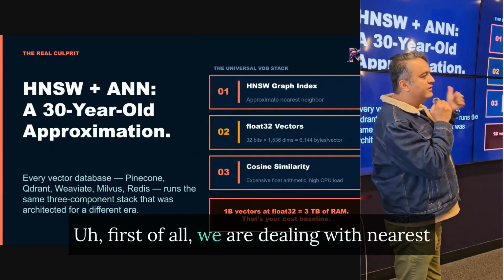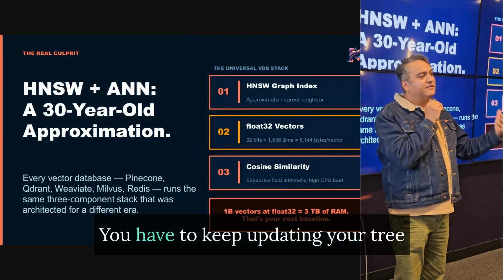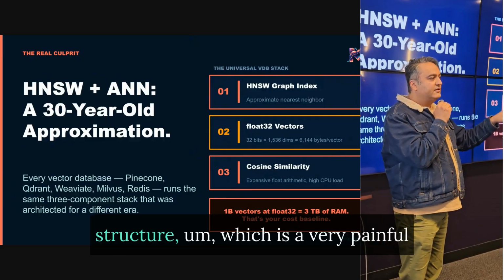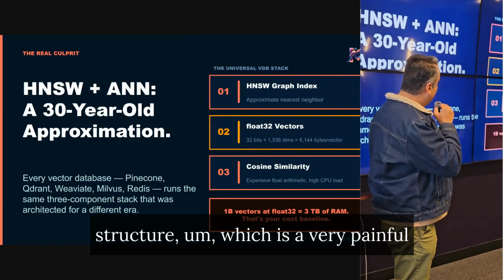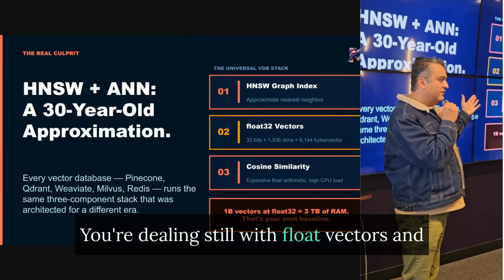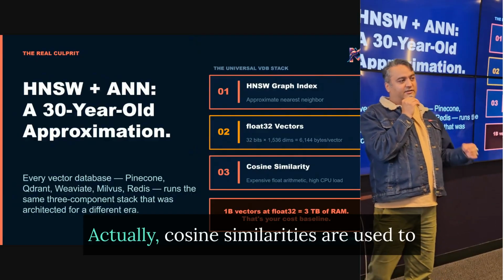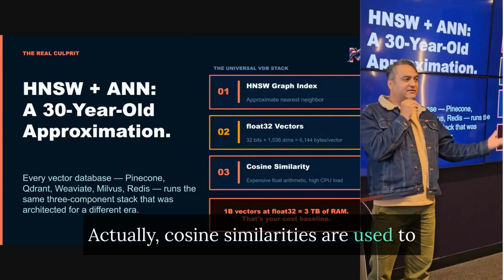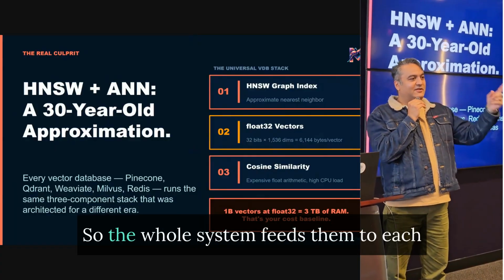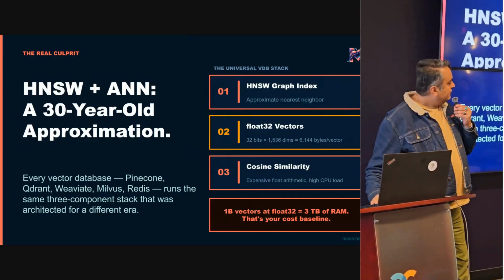First of all, we are dealing with nearest neighbor, which is always an approximation. You have to keep updating your tree structure, which is a very painful process. I'll talk more about that. You're still dealing with float vectors, and we're using cosine similarity. Actually, cosine similarities are used to train the embedding models, so the whole system feeds into each other somehow.